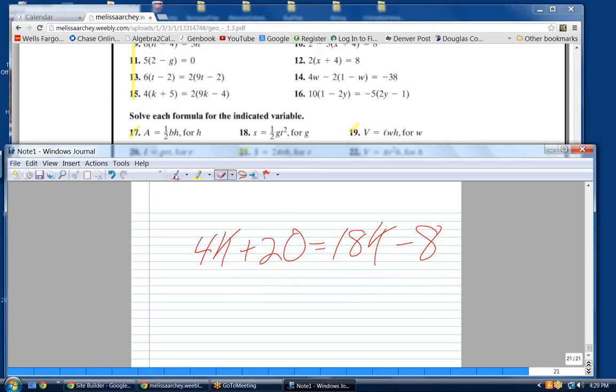So the quicker way to think about this is if I want to move this 20 to the other side, just change its sign. It becomes minus 20. If I want to move this 18k to the other side, make it negative 18k. Right, it helps me see it. It's just easier for me to see it.